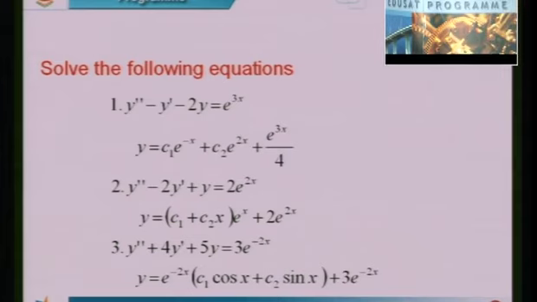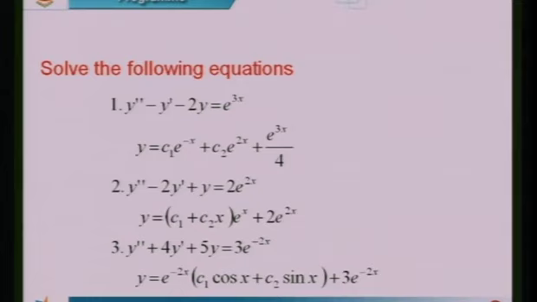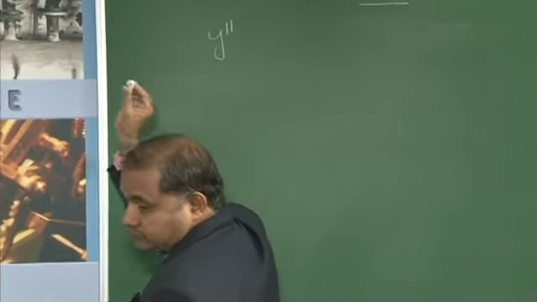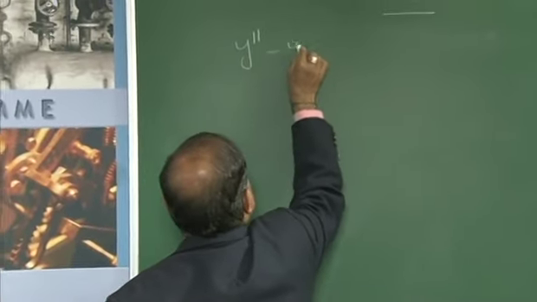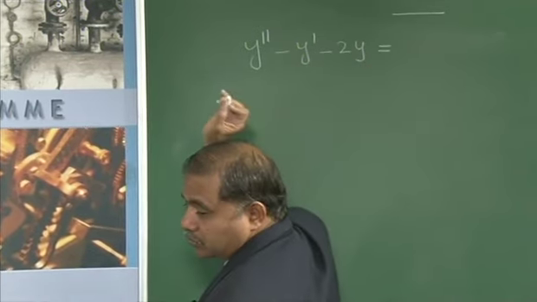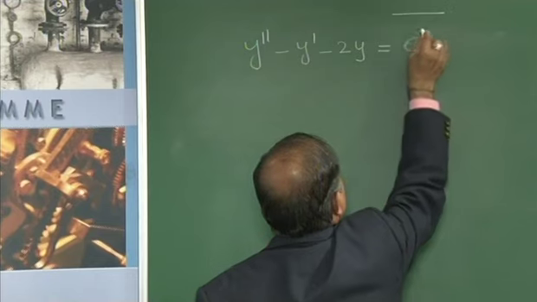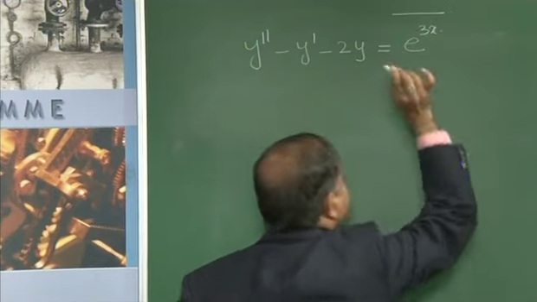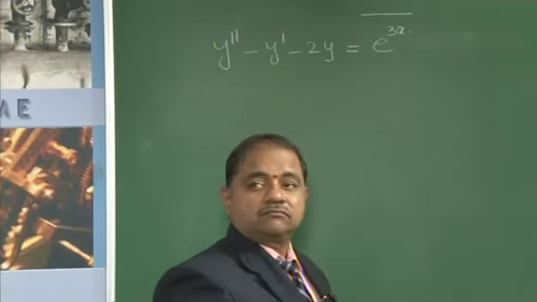So, type 1 equations, right hand side consists of e power ax. Take the first problem, y double dash minus y dash minus 2y is equal to e power 3x. This is the equation given to you.